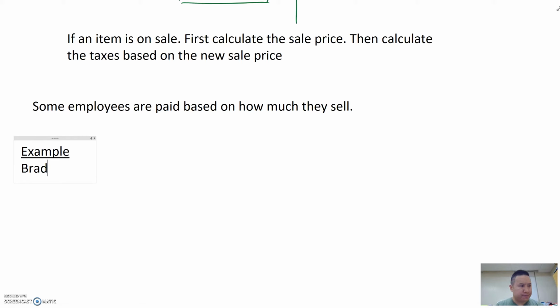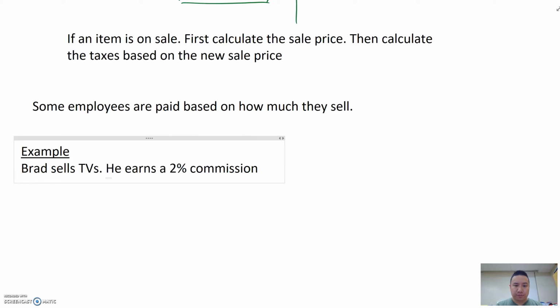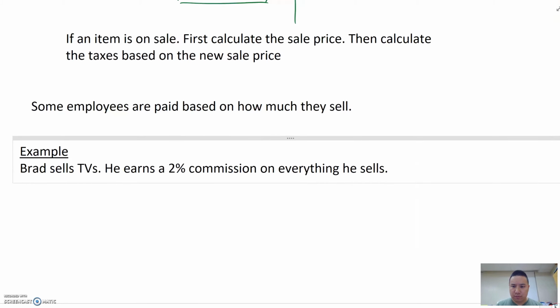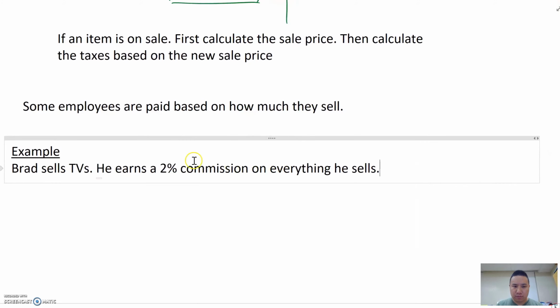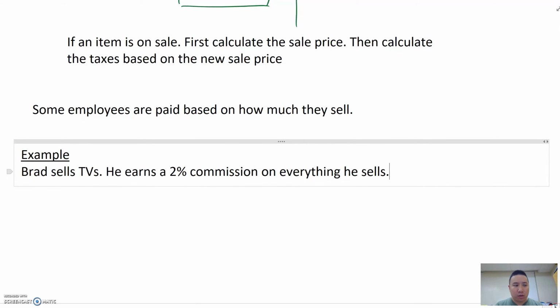So let's see what this looks like in an example. We have Brad here. Brad sells TVs. He earns a 2% commission on everything he sells. Today, he sold a 60-inch TV for $2,050.